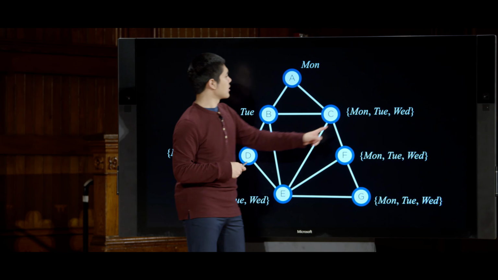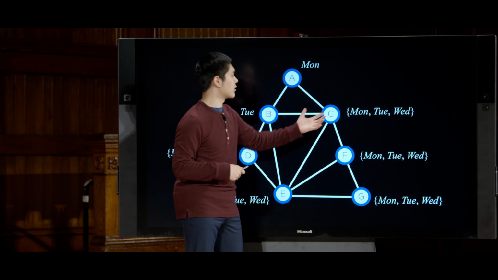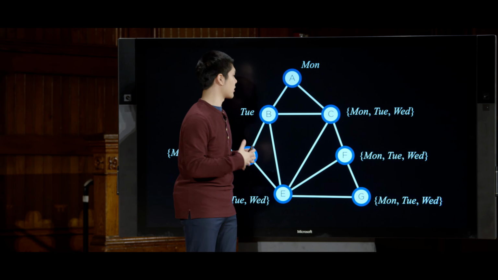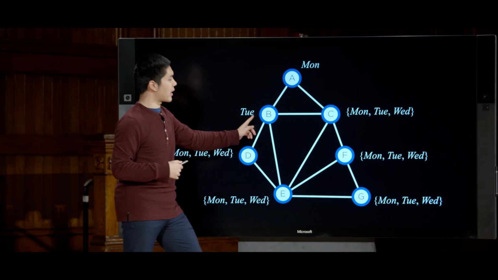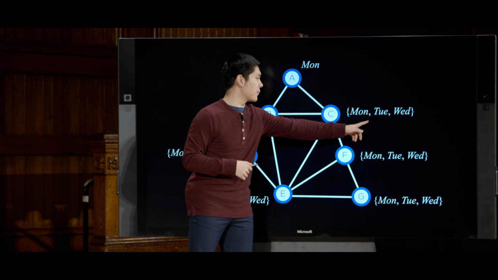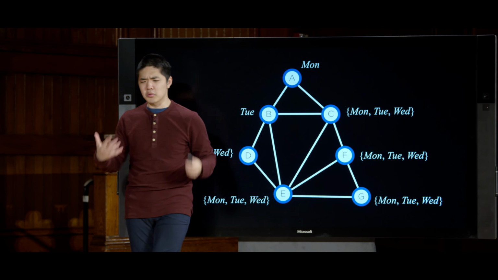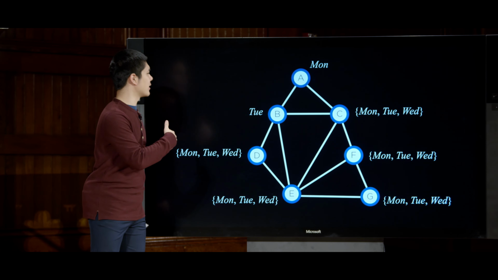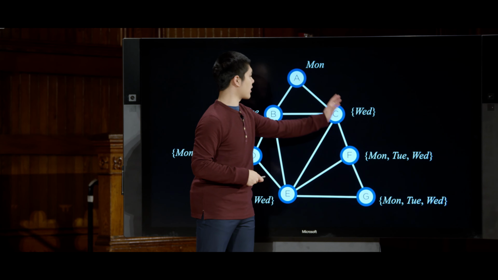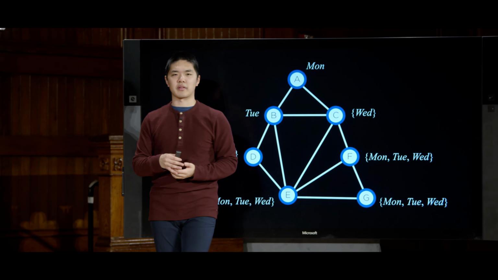And as we can see here, Monday and Tuesday are not going to be possible values that we can choose for C. They're not going to be consistent with a node like B, for example, because B is equal to Tuesday, which means that C cannot be Tuesday. And because A is equal to Monday, C also cannot be Monday. So using that information, by making C arc consistent with A and B, we could remove Monday and Tuesday from C's domain and just leave C with Wednesday, for example.